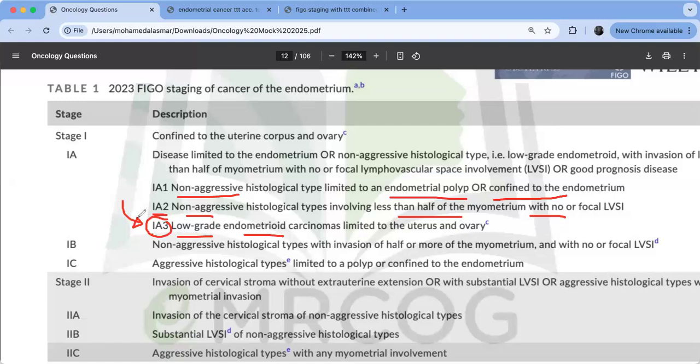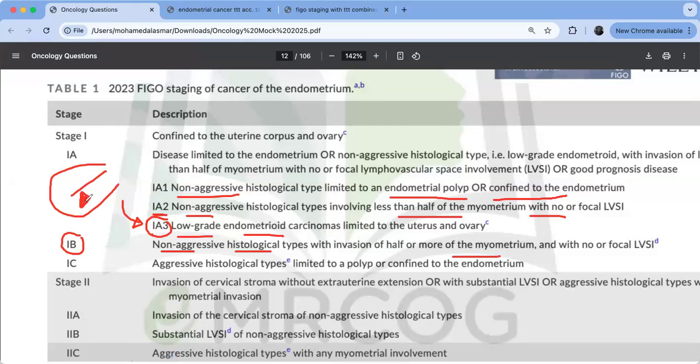Okay? How about 1B? 1B is non-aggressive again. Histological type with invasion of half or more of the myometrium. This is similar to the old staging. So here, this is the uterus again, and this is the myometrium. Then I told you that the tumor invades 50% of the myometrium.